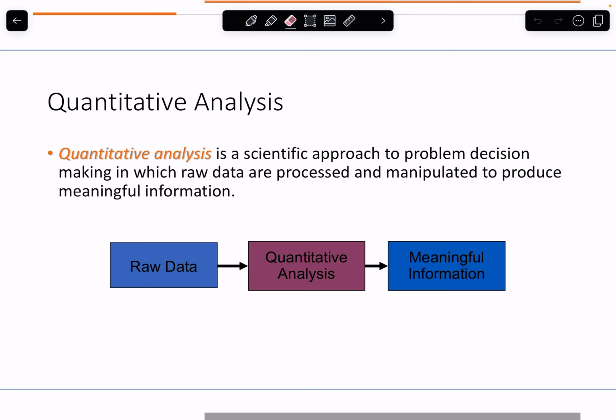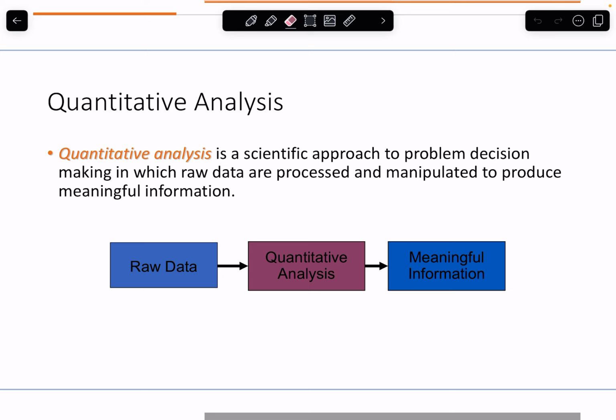That is very important: to have very accurate actual data, and based on that data, we apply the analysis and manipulation. Through mathematical representation and later on through analysis, that makes meaningful information.